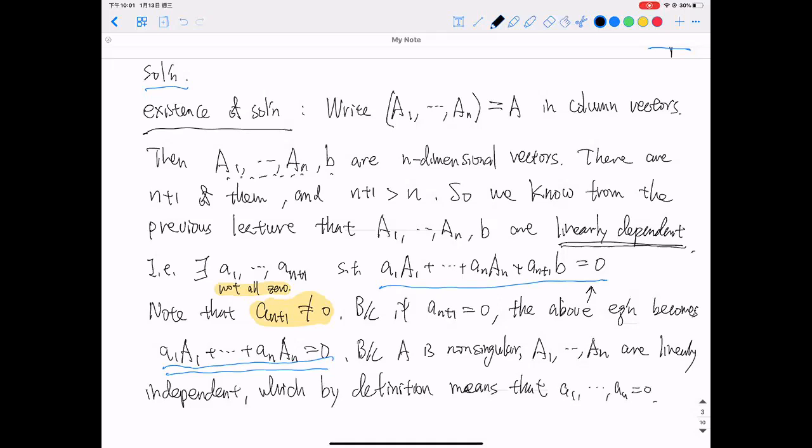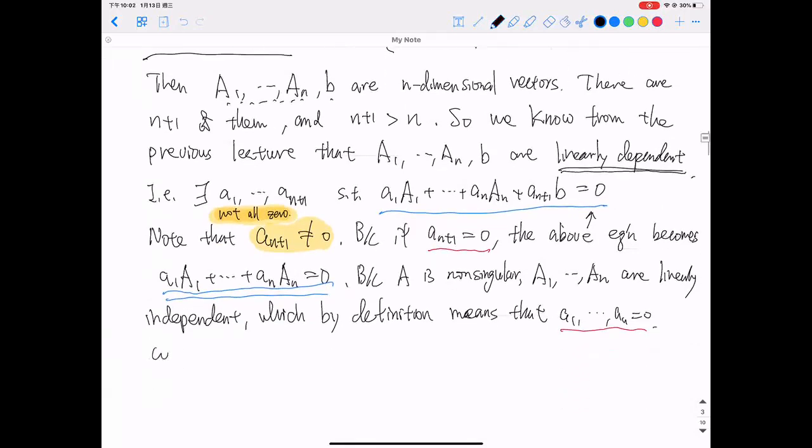But I've assumed already that a(n+1) is 0, and if I also get a1 through an all 0, then all these a's are 0. But I'm supposed to have some of them not 0. And that's a contradiction. So it cannot be the case that a(n+1) is 0. So a(n+1) is not 0. Very good.